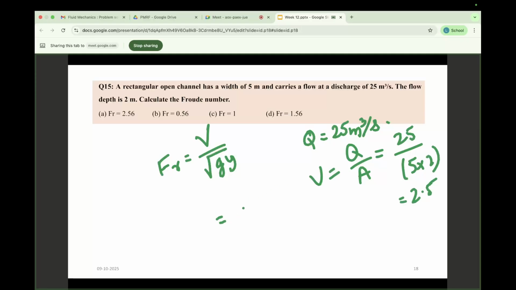And this Froude number you will get as 2.5 by root of 9.8 into 2, which is your result, and you will get 0.56. So the correct answer is option B.